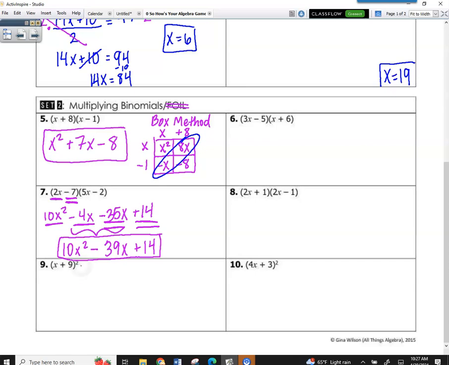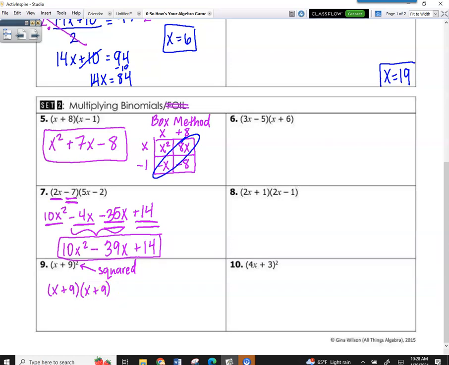That's squared. That means squared, which means think of like 2 squared. That's 2 times 2. So this is x plus 9 squared, which means x plus 9 times x plus 9. And then now you would multiply it out.